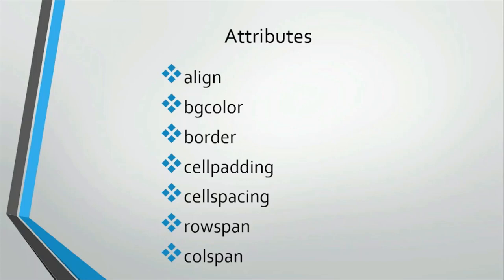And cellspacing specifies the space between the cells. This also has a default value of 0. Finally, the rowspan and colspan attributes are used if rows or columns have to be merged into one cell. If they have to be merged into one cell, we will go with these attributes.